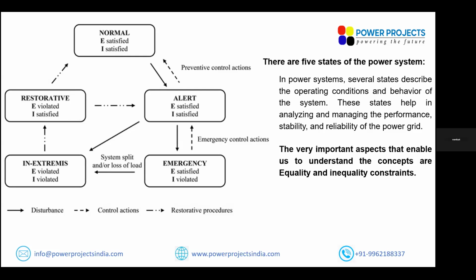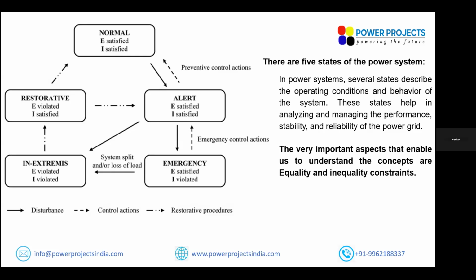Okay. So one very important aspect I have just highlighted here, the very important aspect that enables us to understand the concepts, is equality and inequality constraints. In these equality and inequality constraints, we have to maintain everything with the contingency. The contingency is nothing but n minus 1 contingency.